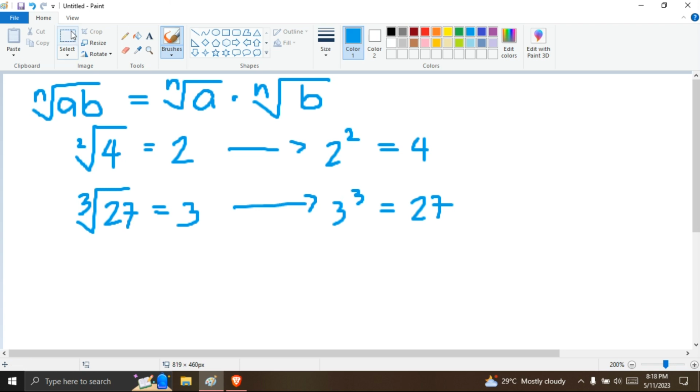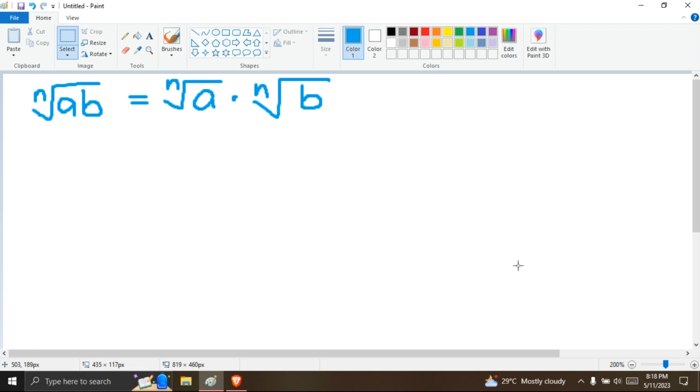So we can say this is a perfect square root, perfect cube root. Okay, so the second law on radicals is applied when your number is not a perfect square, perfect cube, or perfect fourth root. Then for AB, these are two factors. So let's say you have a number, then you split it into two numbers which are called factors.